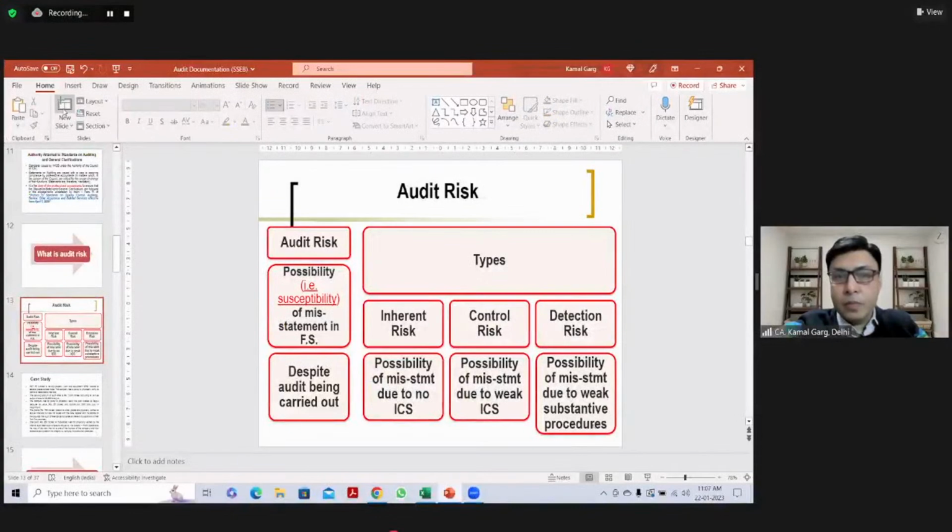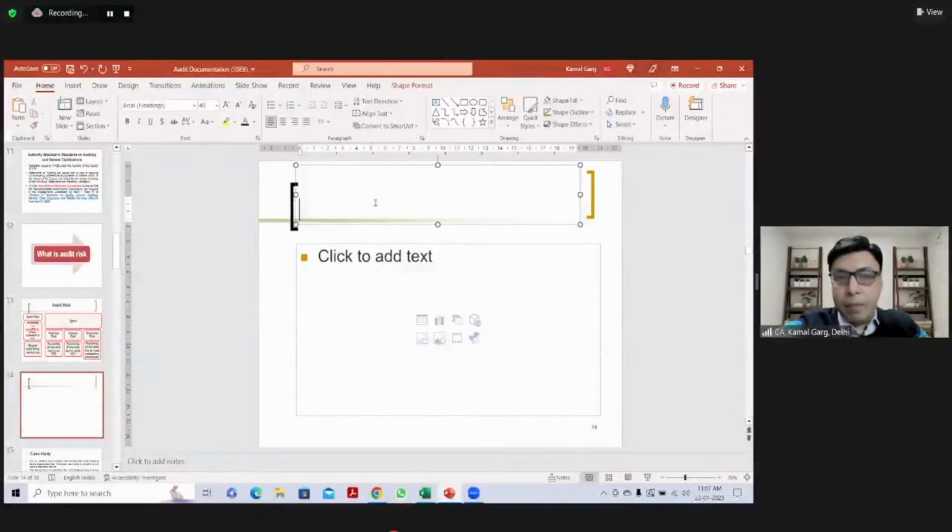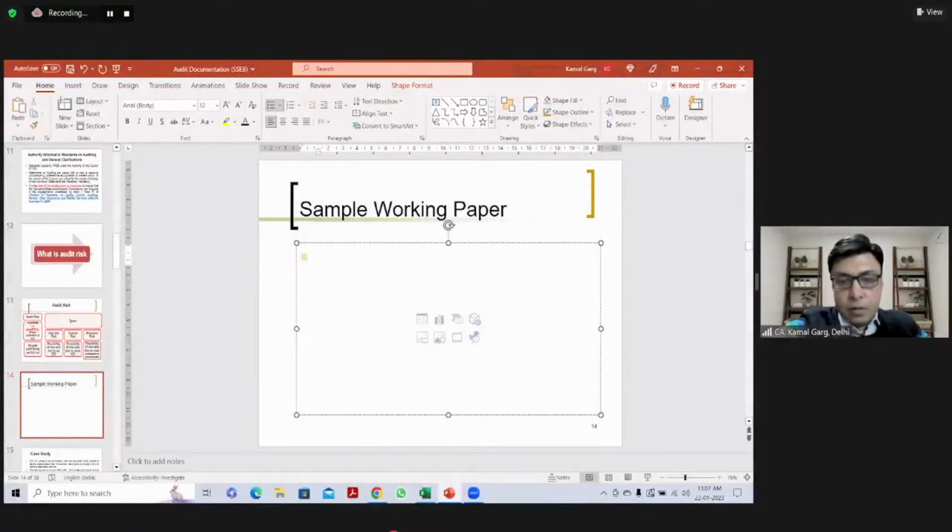Very simple now. Let us assume this is your sample working paper. What you will do, you will give a heading: Inventory.